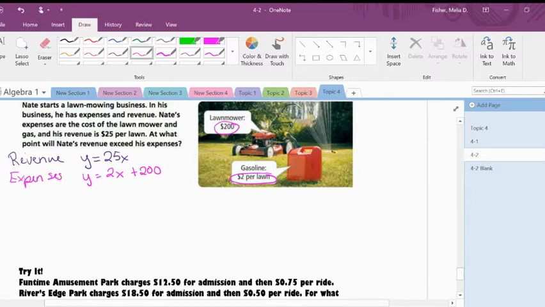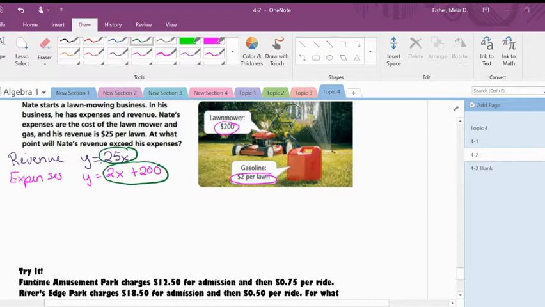So now that I have two equations, the simplest thing to do is to use substitution. Notice that y equals all of this, and then y equals all of this. That means that both of those things will equal each other.